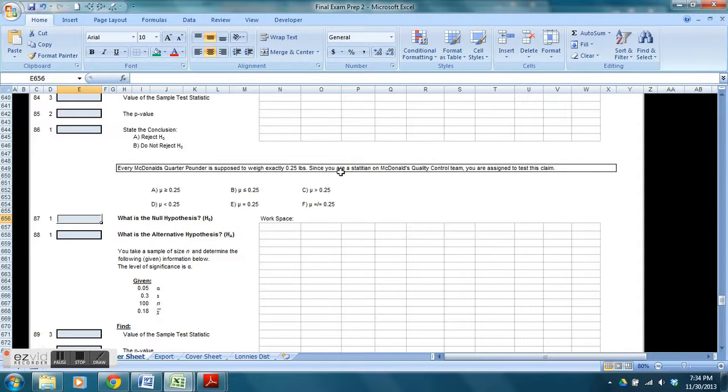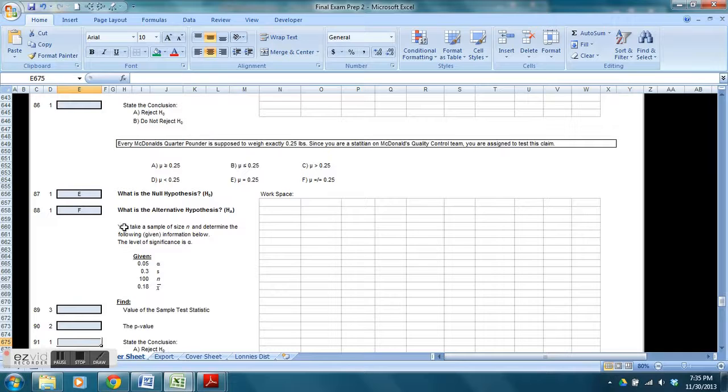Anyways, what is the null hypothesis? And we see that every quarter pounder is supposed to weigh exactly 0.25 pounds. Whenever you have that exact weight, the null hypothesis is always equal to that weight. So this would be E. And the alternative hypothesis will always be F, or not necessarily F, but not equal to that weight.